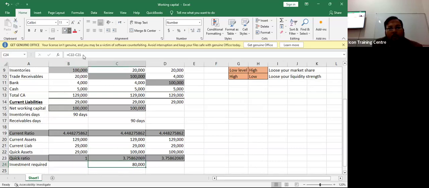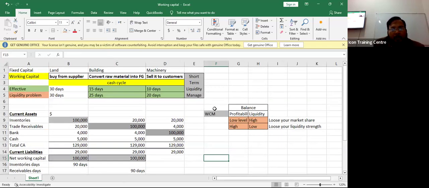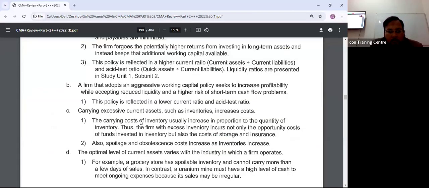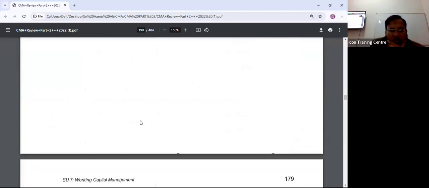Then you are not maintaining a good balance between liquidity and profitability. Am I right, sir? Carrying excessive current assets such as inventories, everything. Now let's move further.